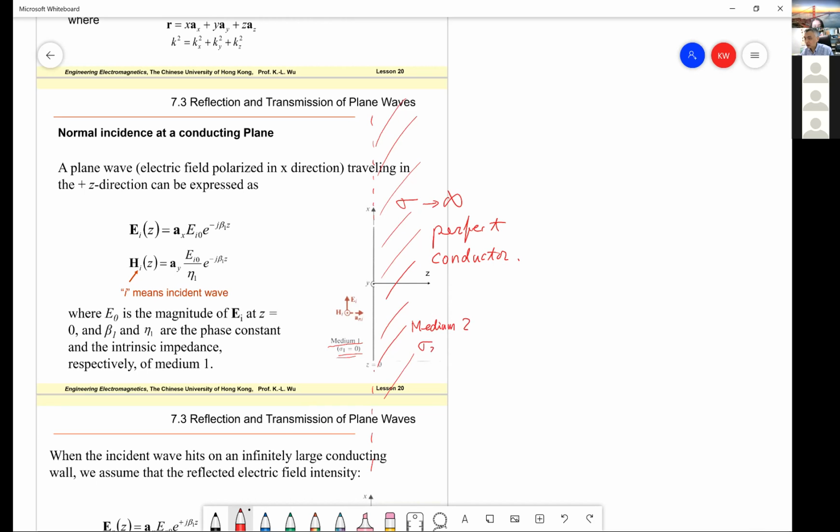Conductivity goes to infinity, which means the electromagnetic wave cannot exist in the conductor. If an electromagnetic wave can penetrate into a conductor, it will be in a very, very shallow surface, or a very small distance measured in microns.